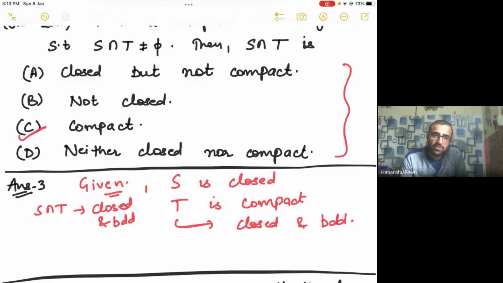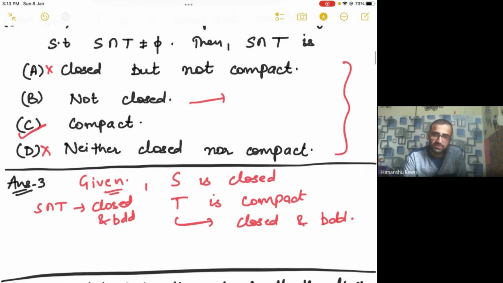So can you give me a counter example for A, B and D? D is automatically incorrect because in the option we have not compact also. Similarly with A also. So can you give me an example of B? Why is it not closed?